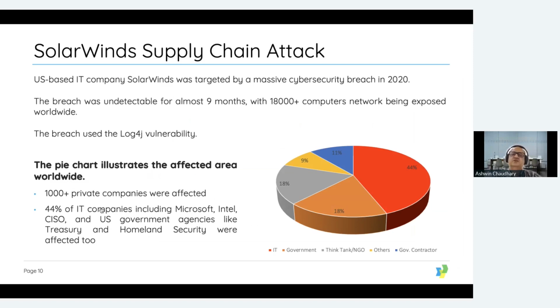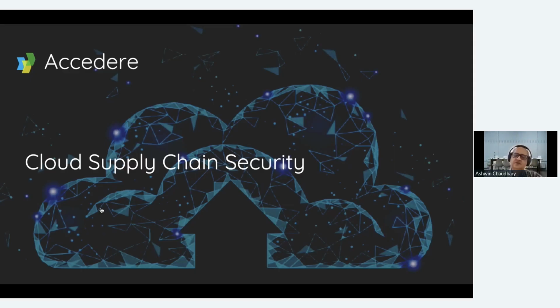No, that's not the thought process now after the supply chain attack of SolarWinds, right? So this is an awakening. It needs to be a paradigm shift in our thinking of what we need to do to look at cloud supply chain security. And this incident has awakened the industry to look at the entire end-to-end software, including open source software, and to look at the security issues in the end-to-end process chain, right?